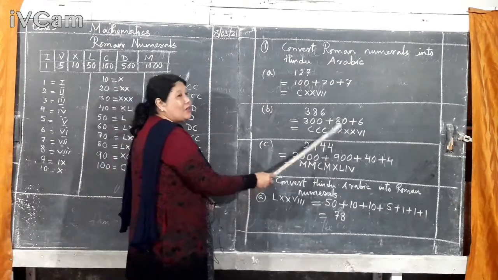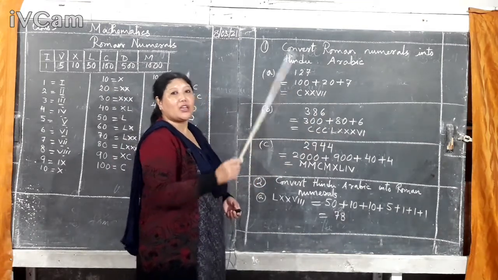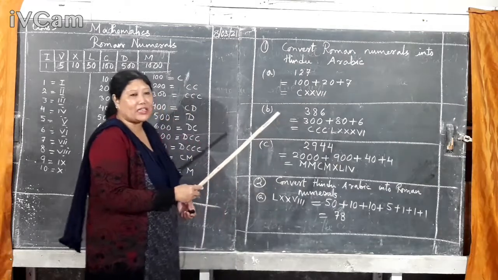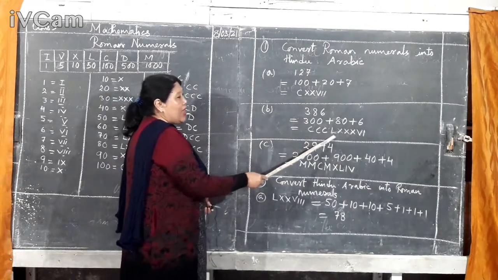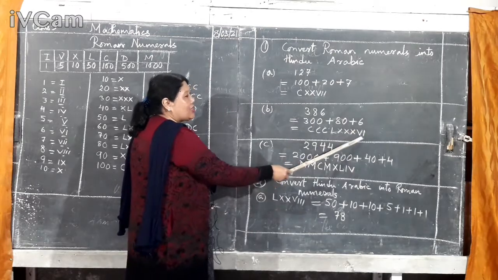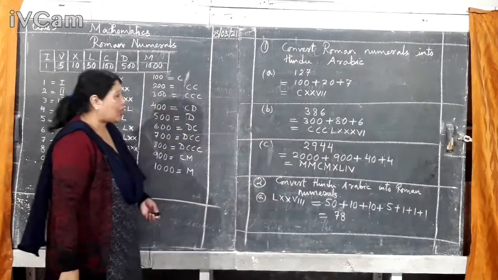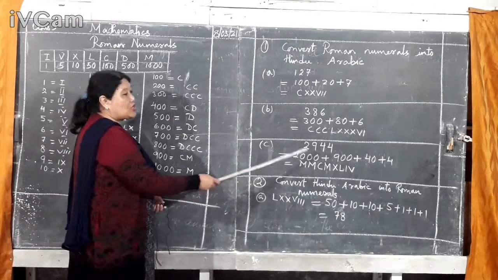And 80, how do you write 80? First comes 50, L is 50. 50 plus 30 will be 80. So L and 10, 10, 10, 3 times. It became 80. Then 6 you know how to write. Okay, so 386.